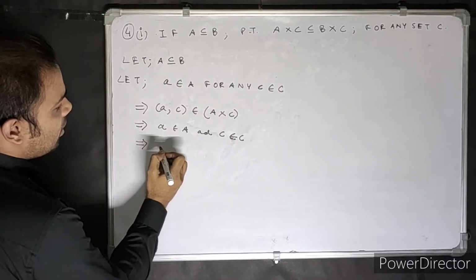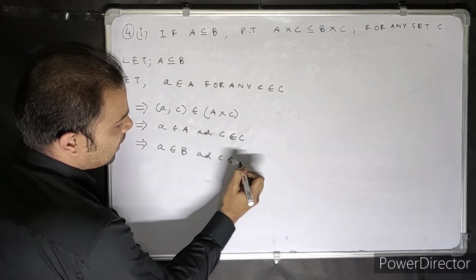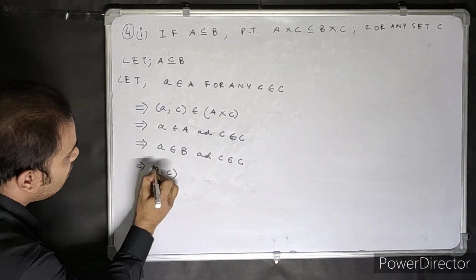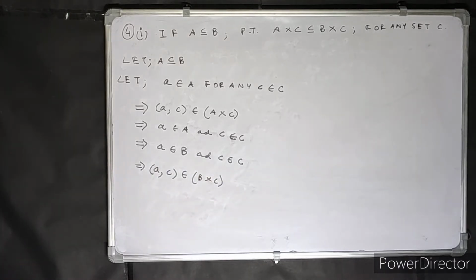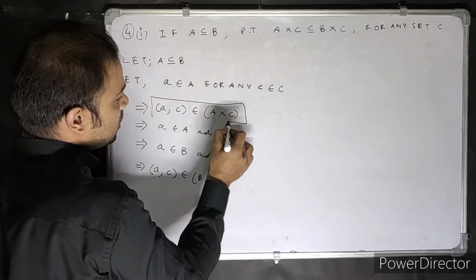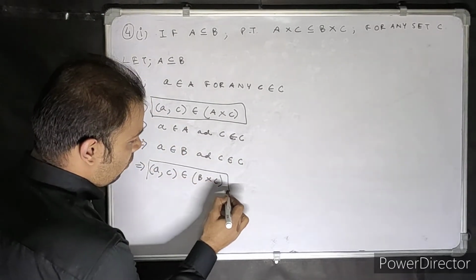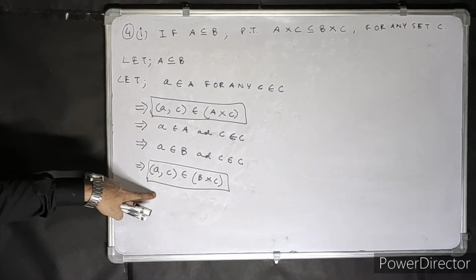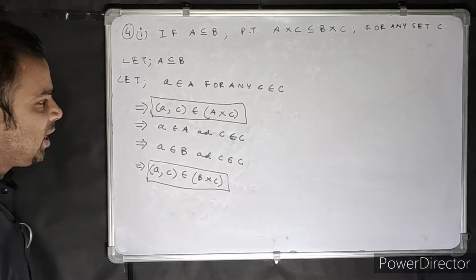That means this a belongs to the set B and this c belongs to the set C. That actually means a comma c belongs to the set B cross C, right? If you started from here and you ended here, then a comma c belongs to A cross C and a comma c also belongs to B cross C.